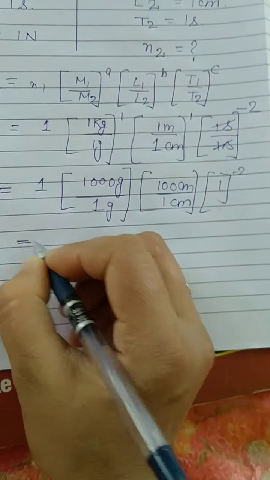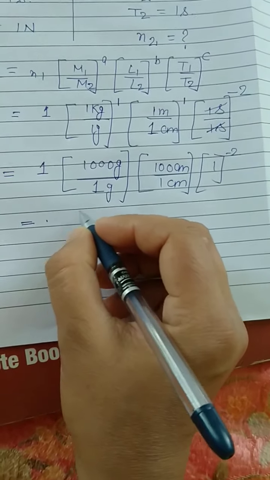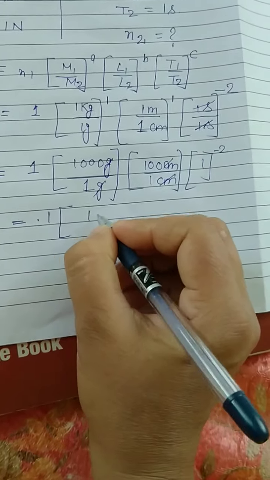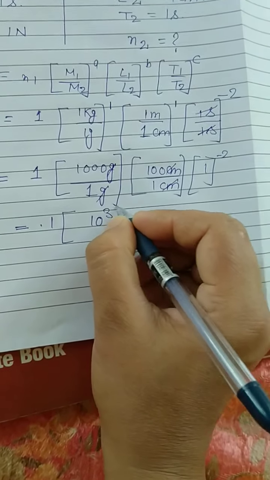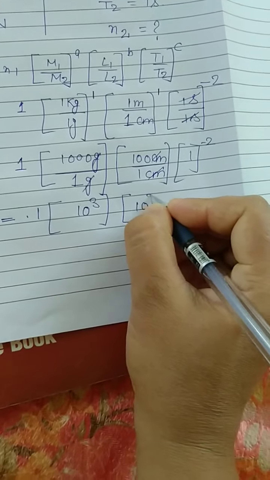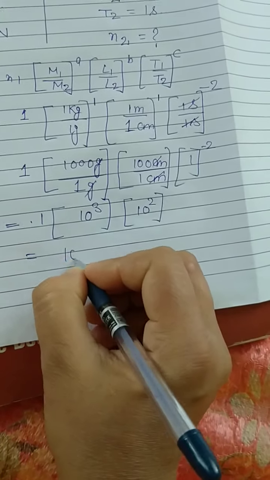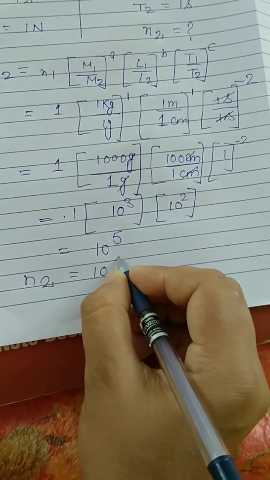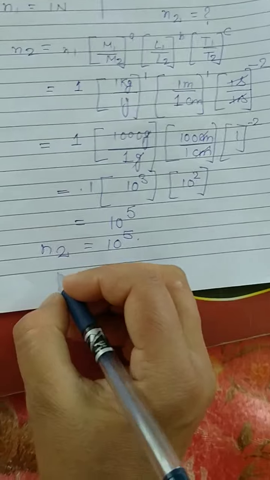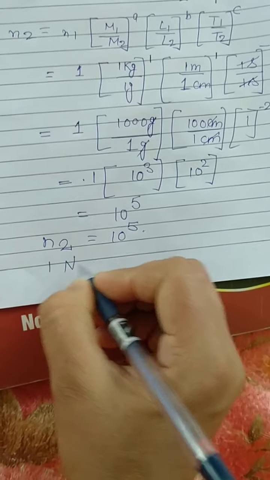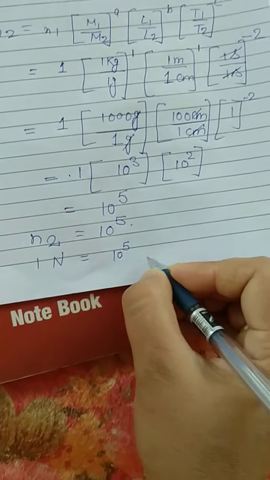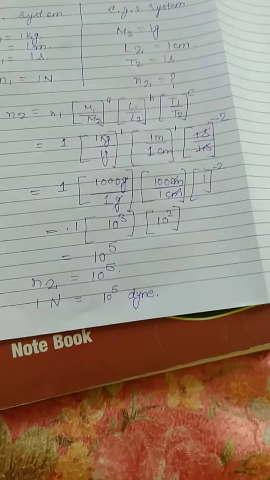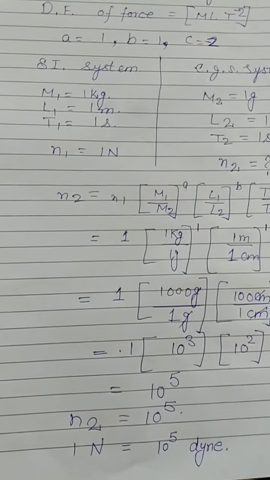Now the next step: it will become 10 raised to power 3 and 10 raised to power 2, that is equal to 10 raised to power 5. Clear? So the value of N2 is 10 raised to power 5, and we can say 1 Newton is equal to 10 raised to power 5 dyne. Clear? So this is the process to convert one system of unit into another.